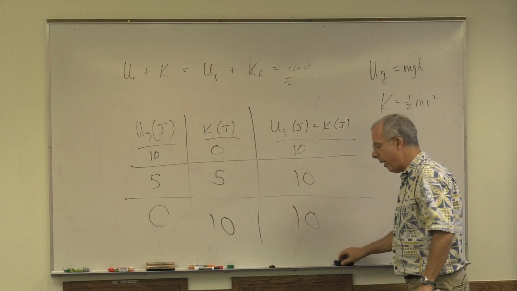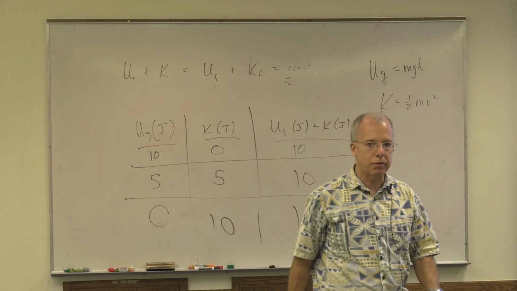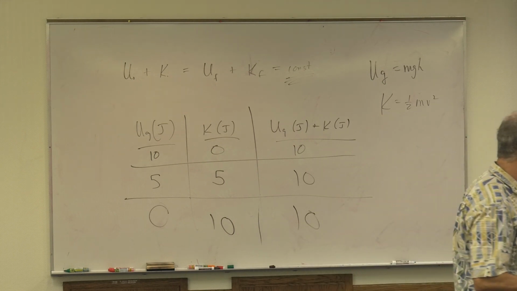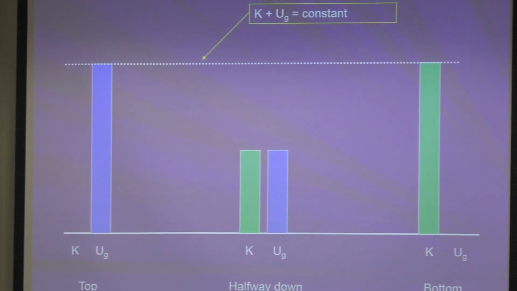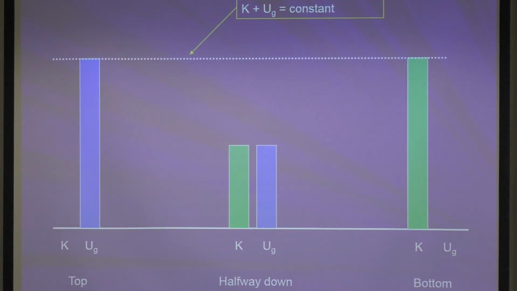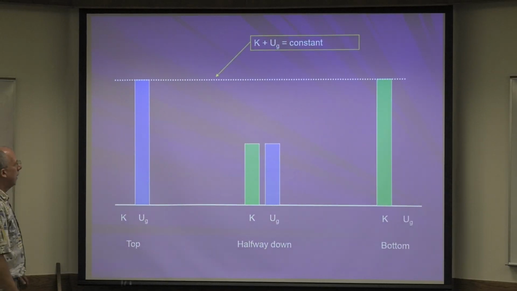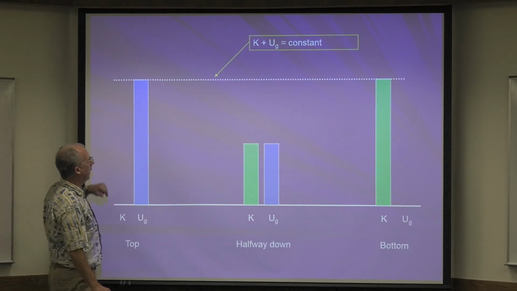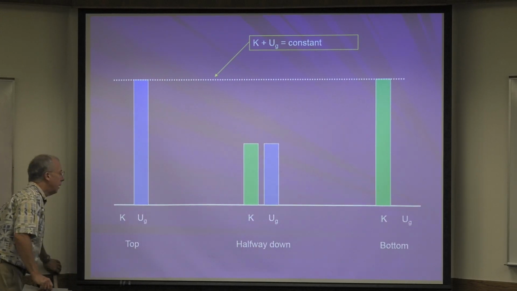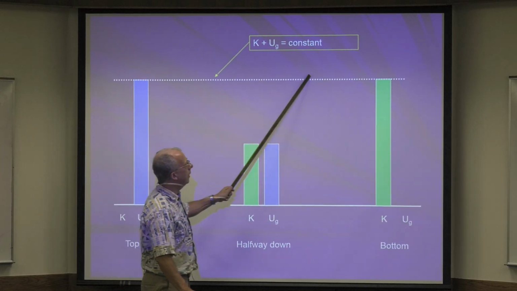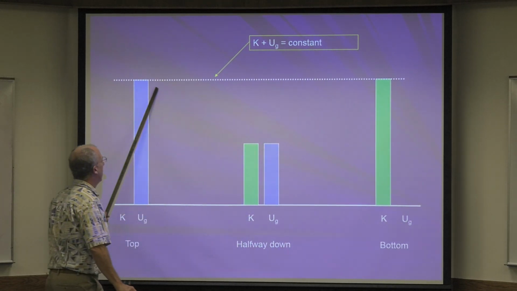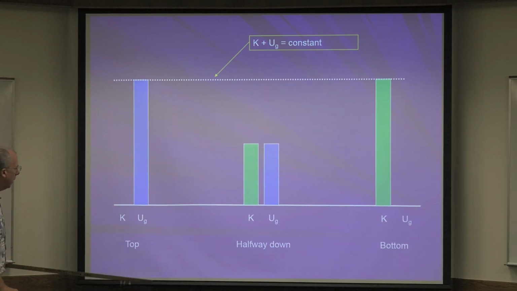Now, you may have noticed in the book that Randy Knight loves these bar charts. He likes all these different types of energy diagrams. So this is called a bar chart. This is energy here, all right? This is the total energy, the kinetic plus potential, and it's constant, right? You can see at the top of the building, there was no kinetic, there's only potential.